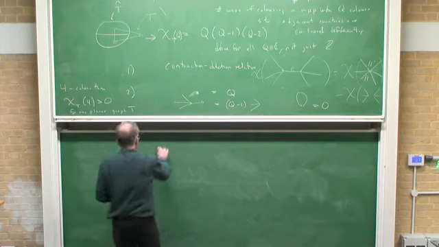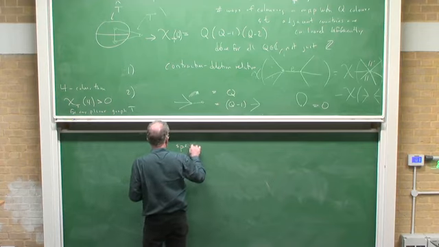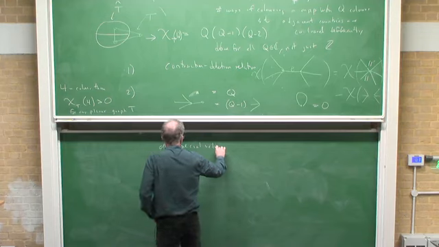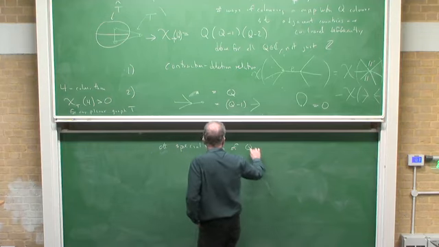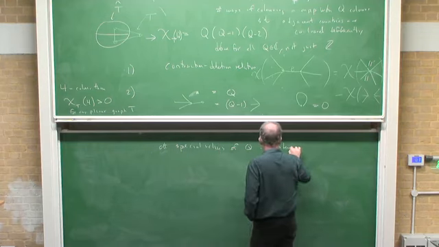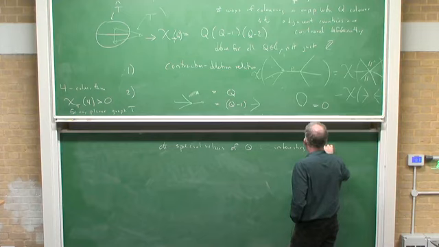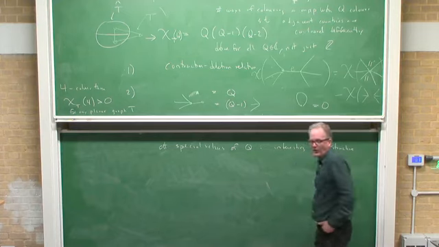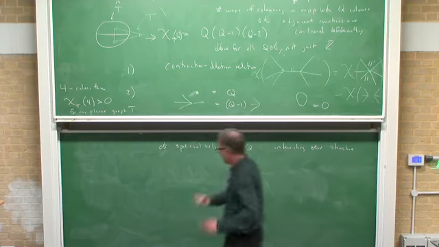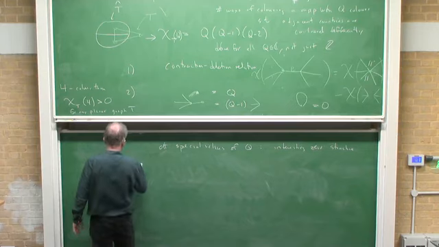So for example, at special values of Q, there's interesting zero structure. And so, again, that's a big story, but let me just show you one thing.